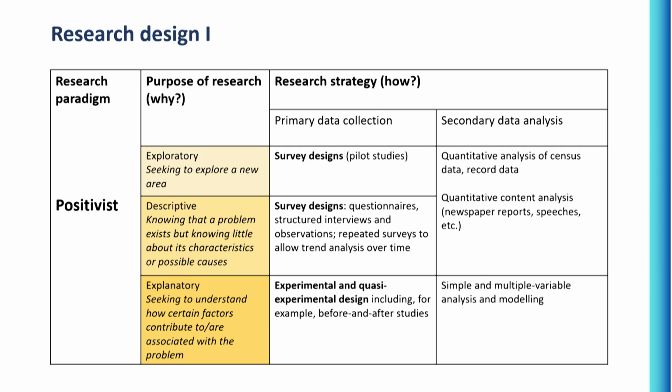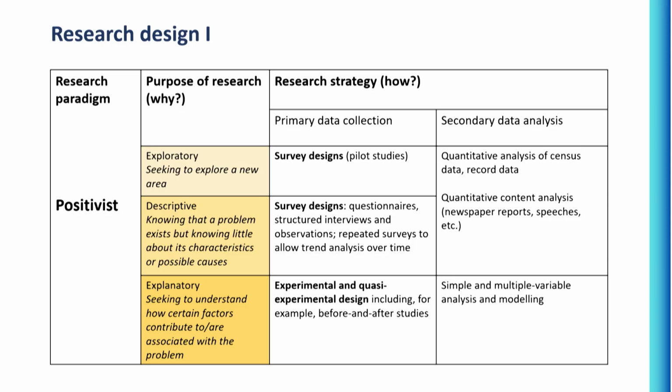In terms of secondary data analysis, so in other words, if we're looking at data sets, if we're doing an exploratory study, we might be analyzing census data or record data, medical records, health systems records, program records, routinely collected data. But you could also be doing a quantitative content analysis.